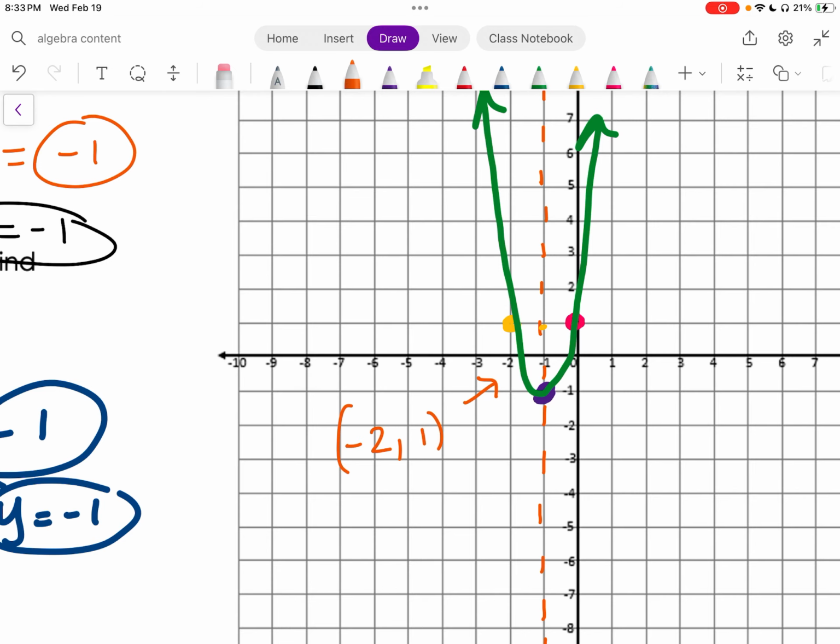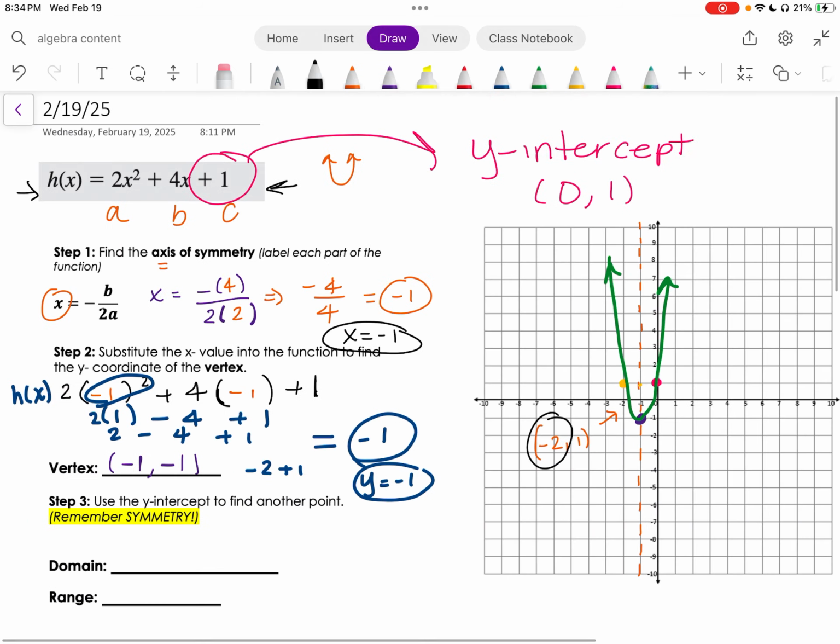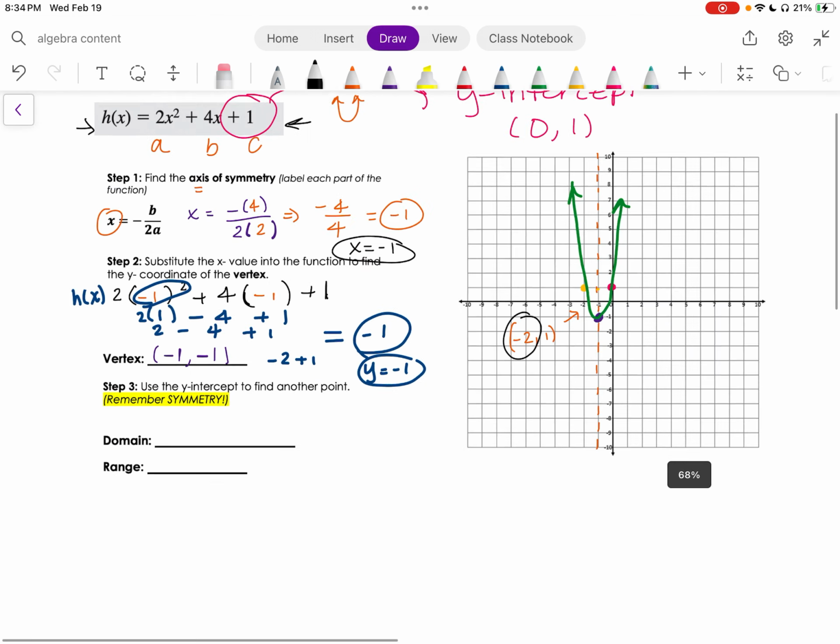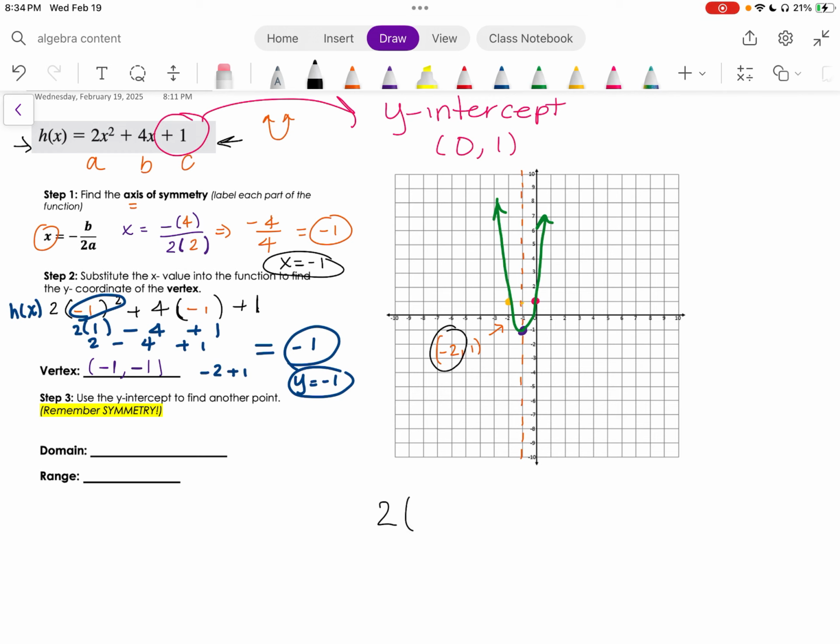So how can I check? I can always substitute -2 into my function, and my output should actually be +1. So what would that look like? You're going to have 2 times -2 to the second, plus 4 times -2 plus 1. And then you're going to go ahead and solve. This is going to ensure that you actually pick the correct point. So if we were to do that, this is going to give us +4.